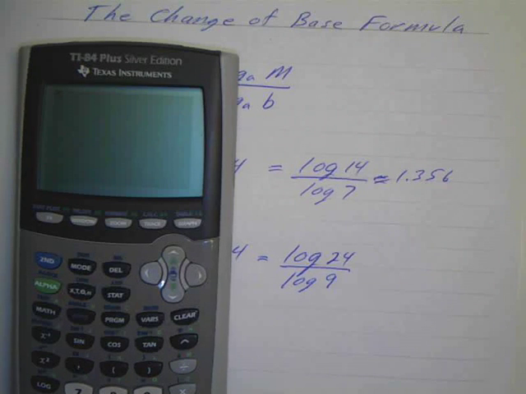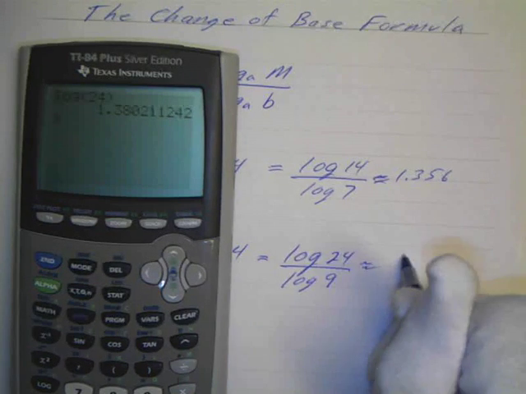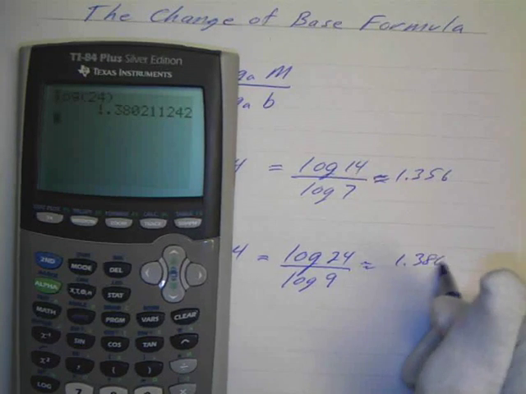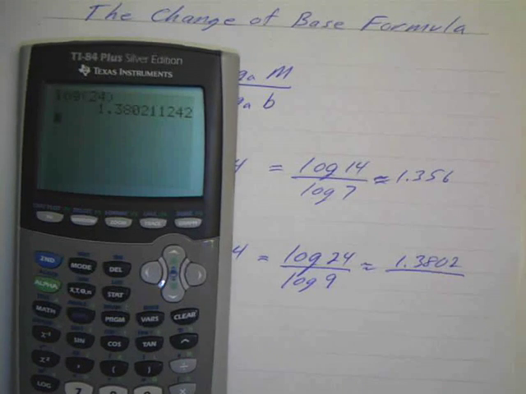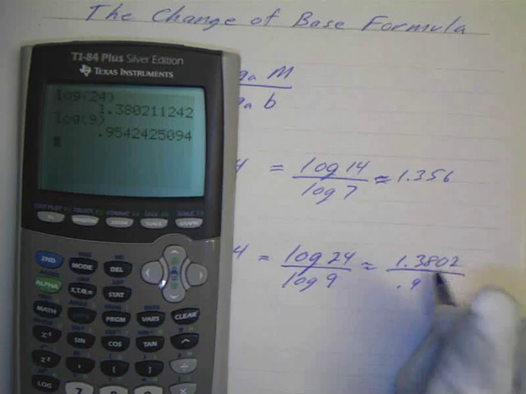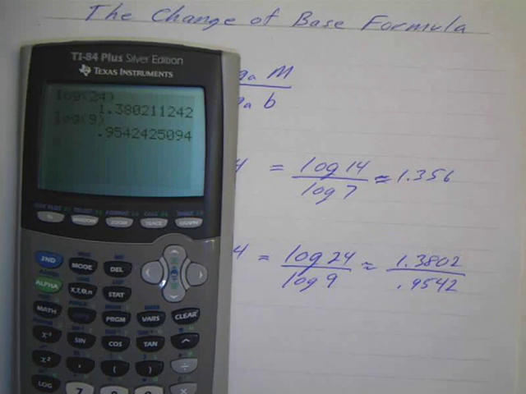And we could have the log of 24, so I use log again, log of 24 equals 1.3802, and what will be the log of 9, and that'd be 0.9542, and then we just divide those.